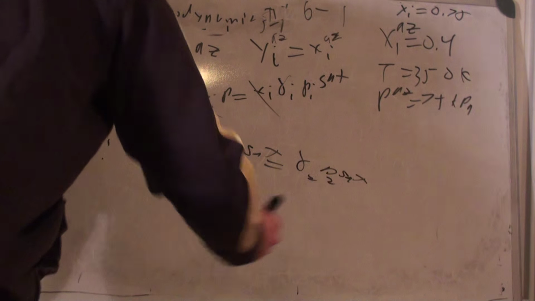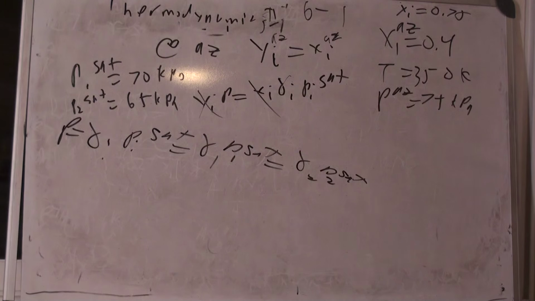Now, why are they all equal to each other? Because the pressure is consistent. Why is the pressure consistent? Because I'm at equilibrium. These are vapor-liquid equilibrium problems. That means I have to be at mechanical, thermal, and chemical equilibrium simultaneously. And so I need all three.